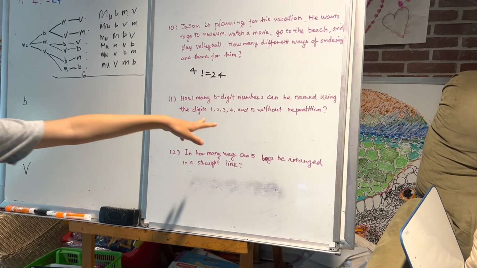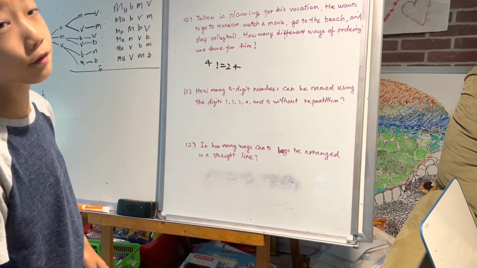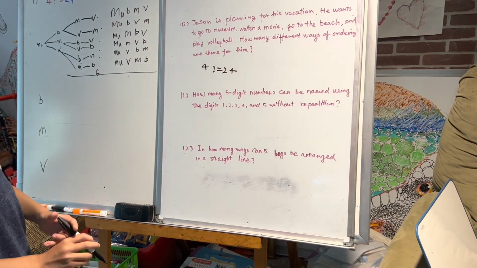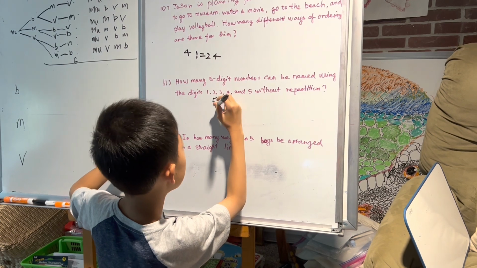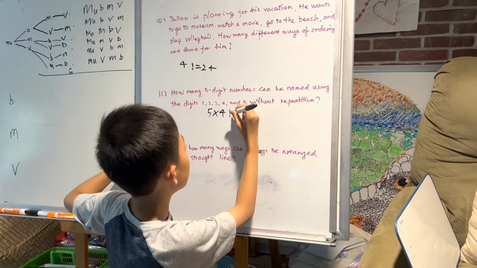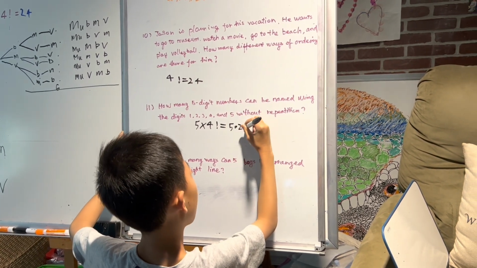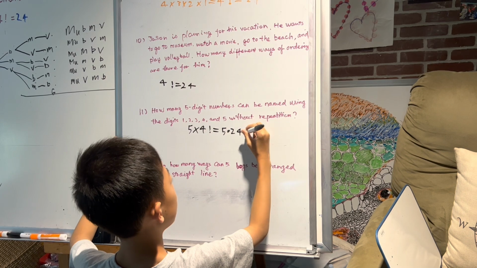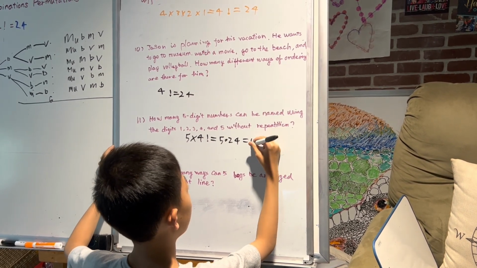To get our answer, we can make all of these 5 factorial, or 5 times 4 factorial. So 5 times 4 factorial equals 5 times 24, equals 120.